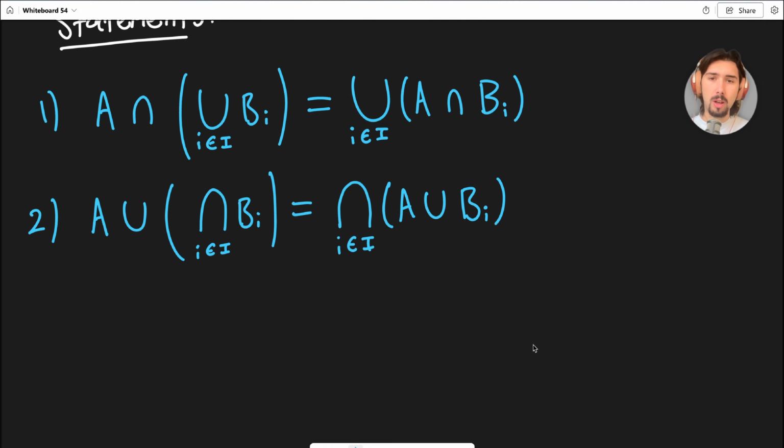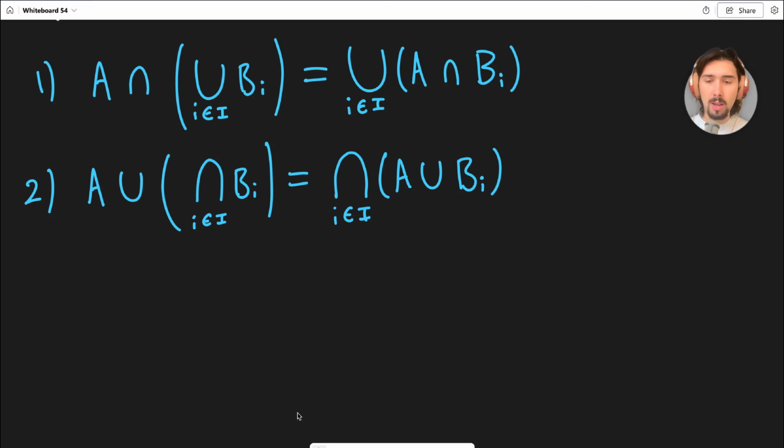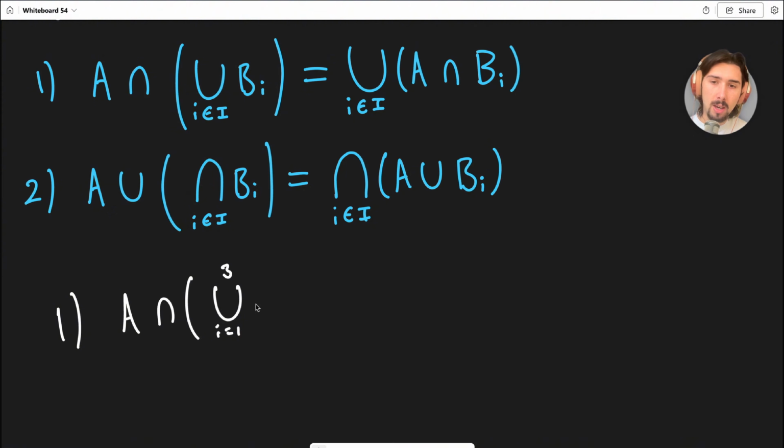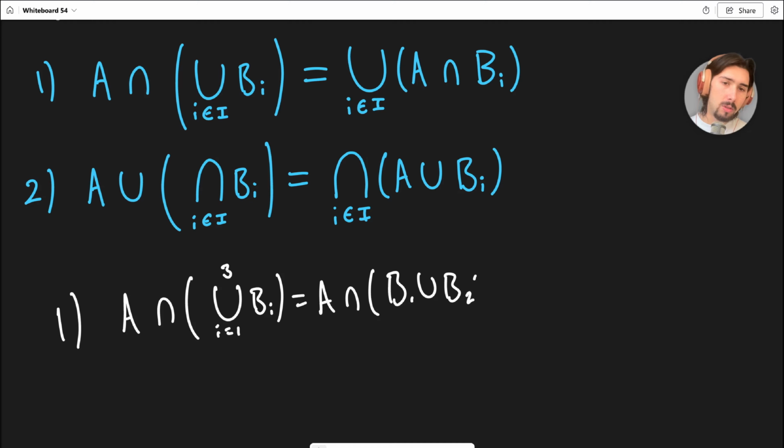Let's do a warm-up, just to make sure we understand what the statement is actually saying. Let's say we have B1, B2, B3. So A intersect the union from i equals 1 to 3 of the B_i's. First of all, what does that mean? That just means the intersection of A and then B1 union B2 union B3, and this is just notation.